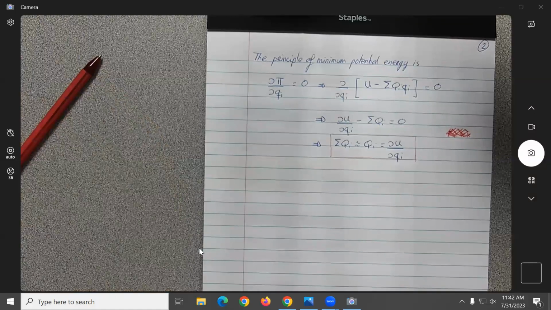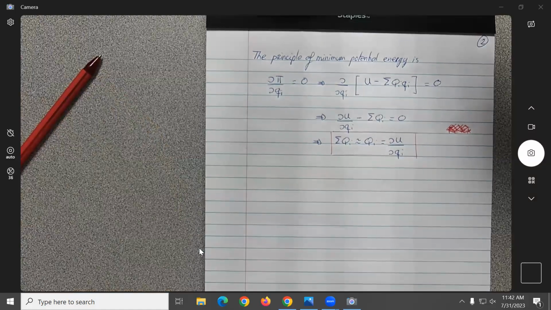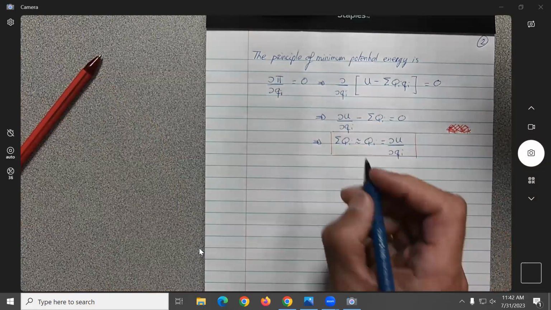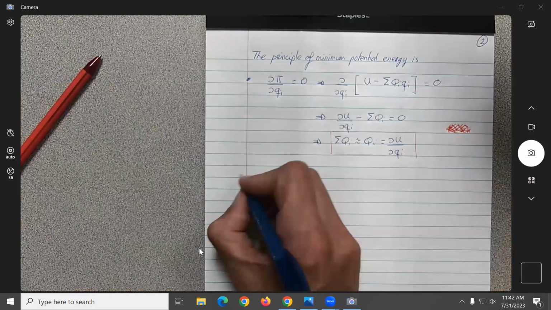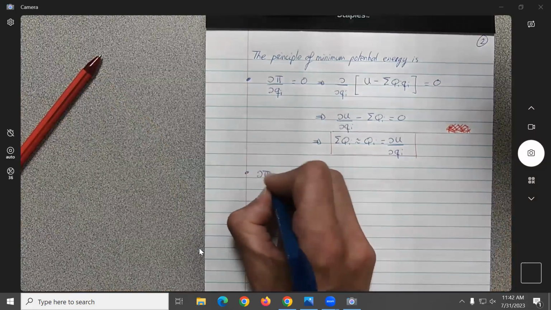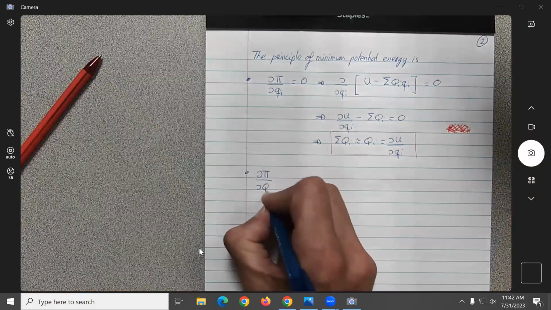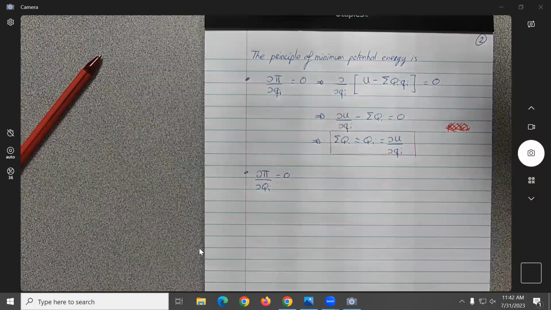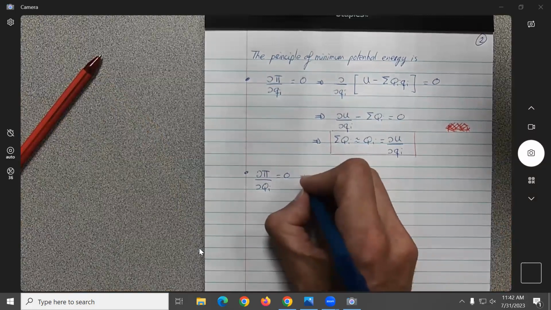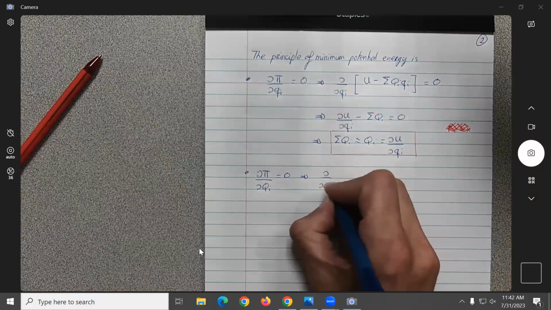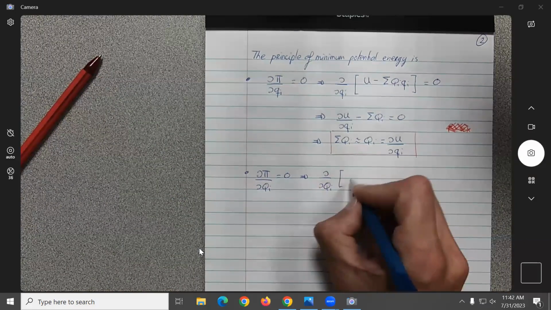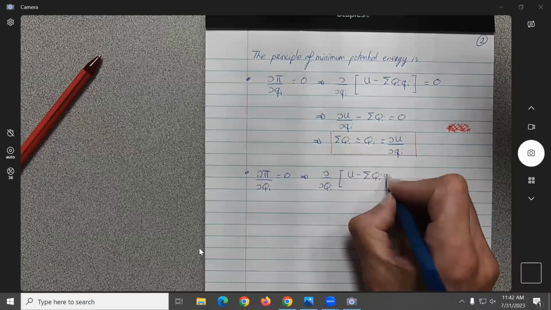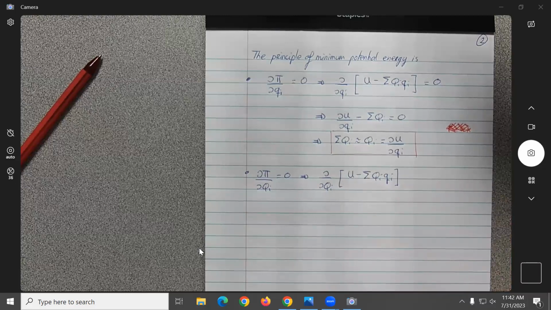But okay, so here we did the first option. That was to find the minimum of the function with respect to the general displacement. We can do something similar, and this is a useful one, which is to find the minimum with respect to the general force, the capital Q. And we follow the same process, so it will be the partial with respect to capital Q sub i of U minus the summation of the Q's times q's equal to 0.